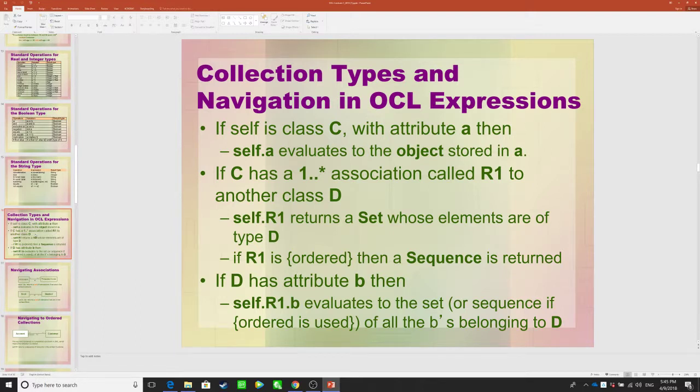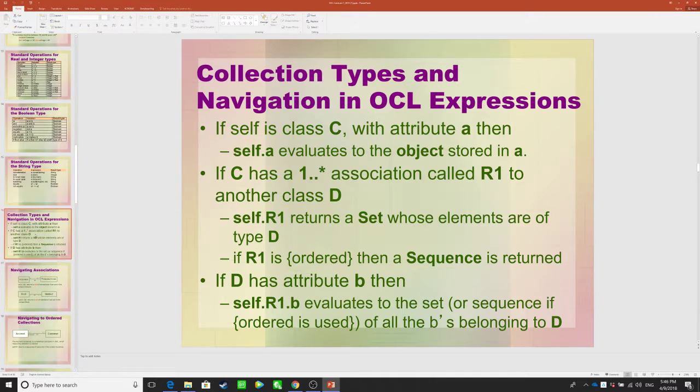Right. Also, we have collection types and navigation in OCL expressions. So if self is class C with attribute A, then self.A evaluates to the object stored in A. Makes sense? Right. So everyone here uses some sort of programming language, right?